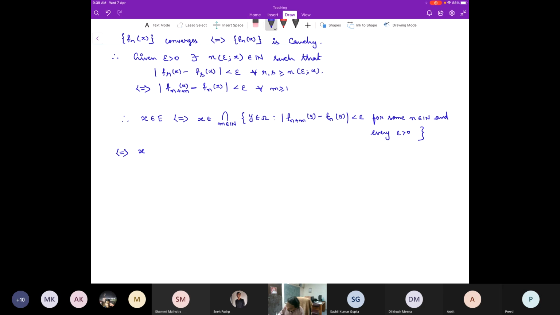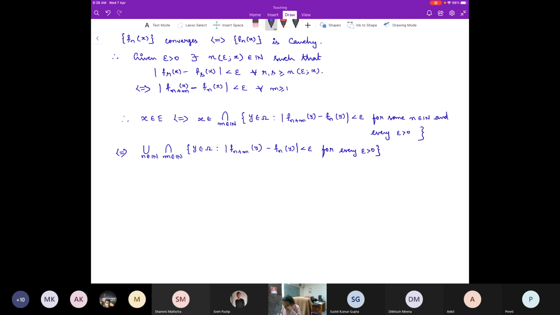So this is equivalent to saying that for some n, union over n in N, intersection over m in N, all those y in omega so that modulus of f(n+m)(y) minus fn(y) is less than epsilon for every epsilon positive.